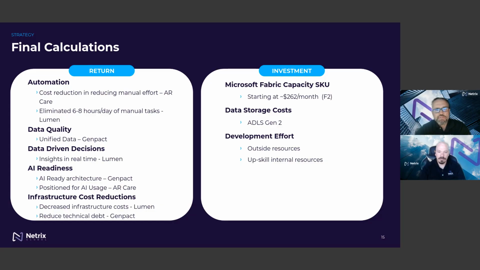So Microsoft Fabric capacities typically start at $262 a month for an F2. We don't see a lot of customers that are able to stay on an F2 indefinitely. That's a fairly limited capacity, but we do have a link provided in the show notes here for the Fabric capacity calculator that can help you estimate what that capacity might be in your particular environment.